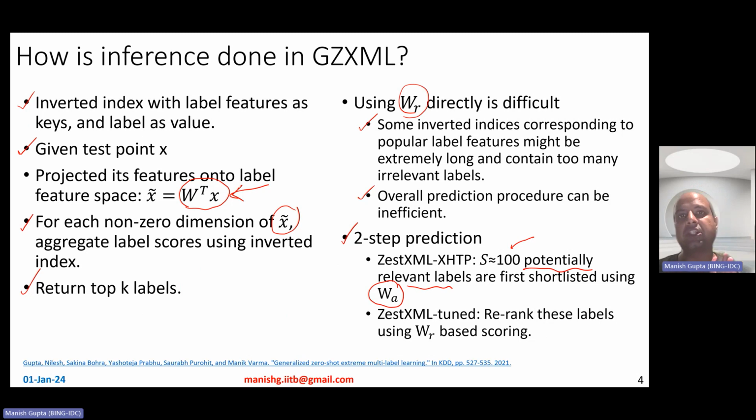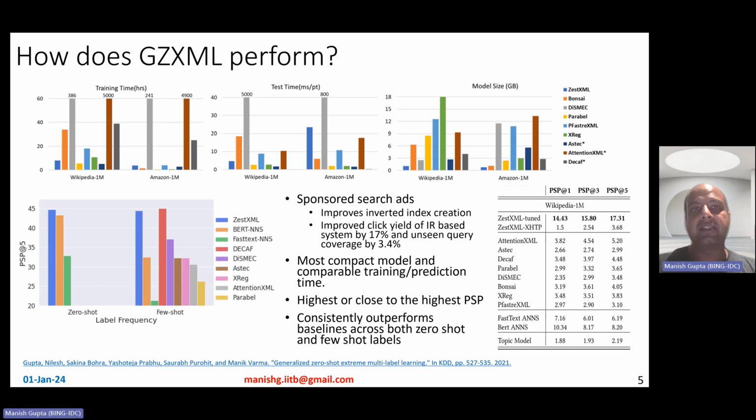Then in the second step, you tune further by re-ranking these labels using WR-based scoring. WA and WR are designed so that each step is very efficient by itself, leading to an overall efficient two-stage inference. The first step is called ZestXML XHTP, and the second step is called ZestXML tuned.